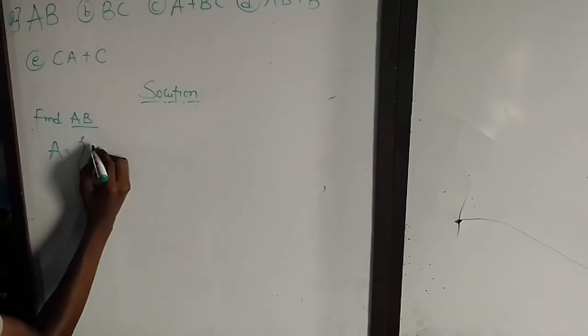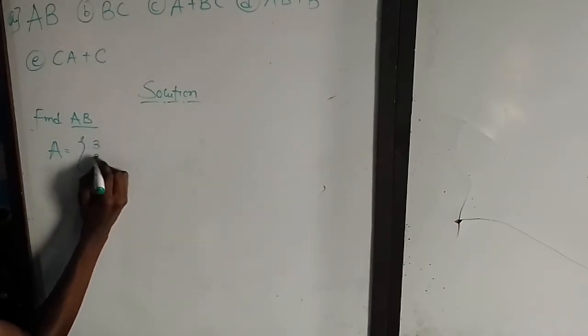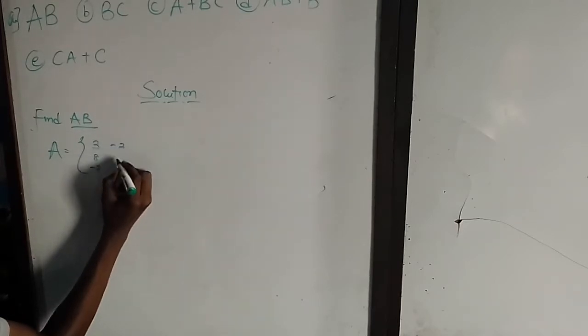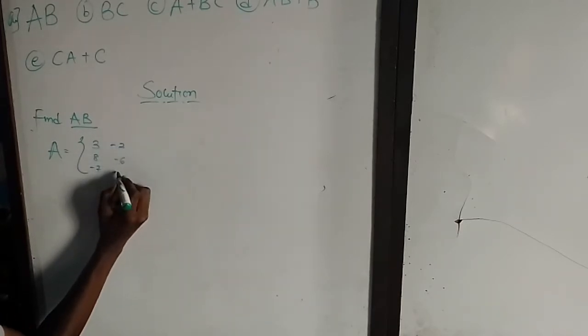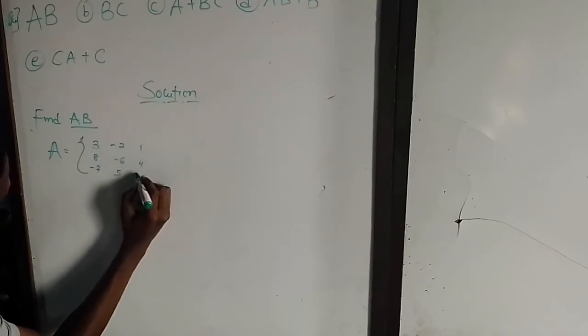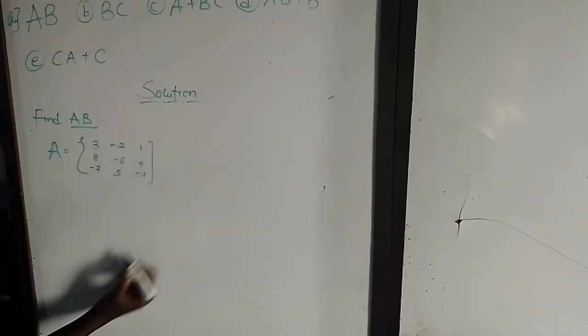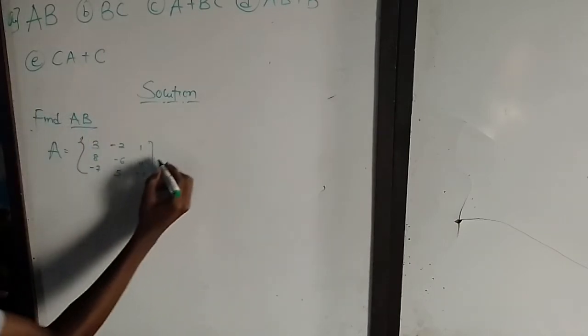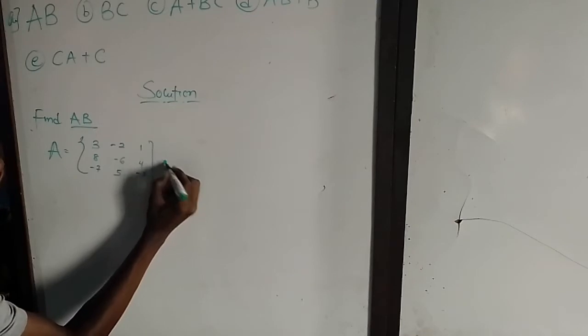So, we are going to say our A is equals to 3, 8. We are going to list it out. Then minus 2, minus 6, then 5, then 1, 4, minus 3. Then we have times. Always take note.